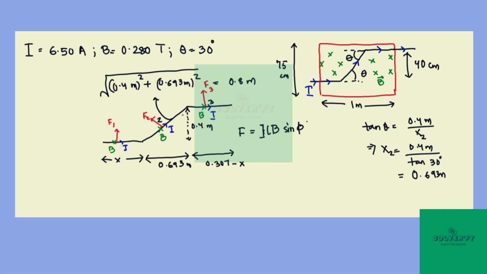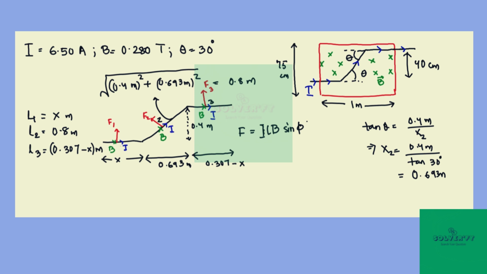So that's the length of this. So let's write all those values. L1 is x, L2, the length of the second segment, is 0.8 meter, and L3 is 0.307 minus x meter.